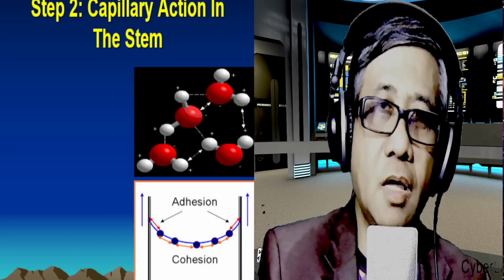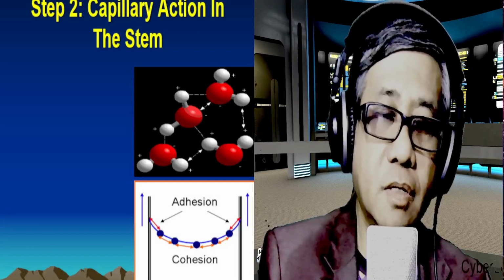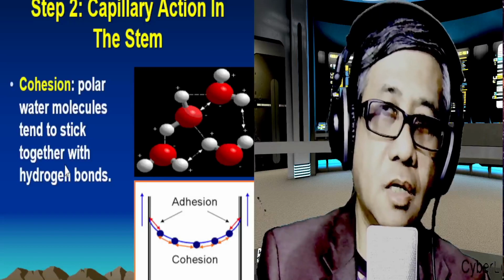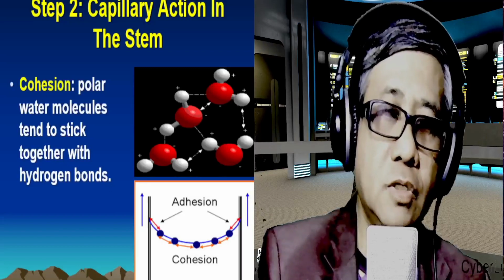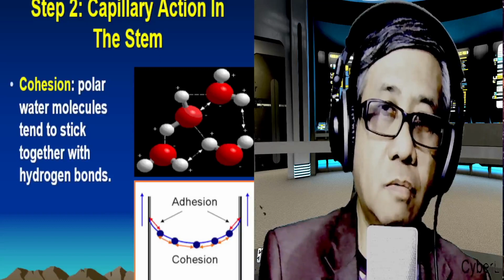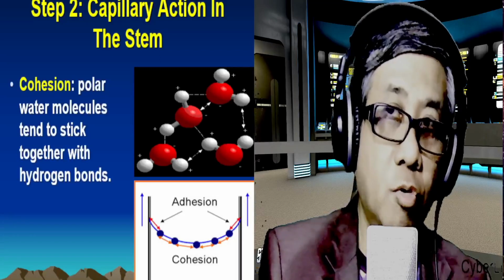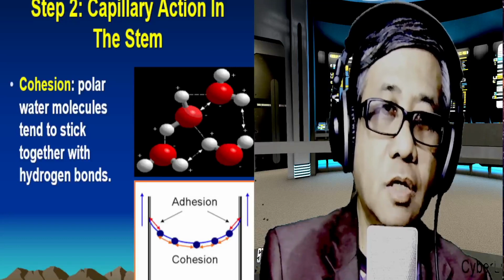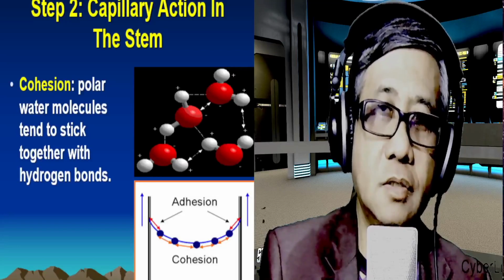The capillary action in the stem involves several mechanisms. We have what we call cohesion and adhesion. When we speak of cohesion, cohesion is the attraction of like molecules. Polar molecules like water tend to stick together with hydrogen bonds.